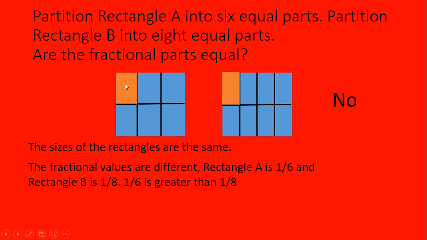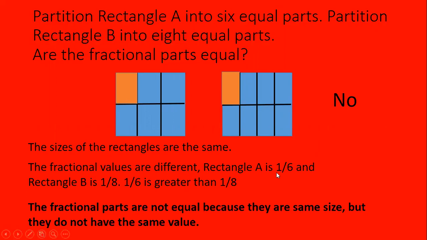However, the fractional part of A is 1/6, and the fractional part of B is 1/8. So the fractional parts are not equal because they are the same size, but they do not have the same value.